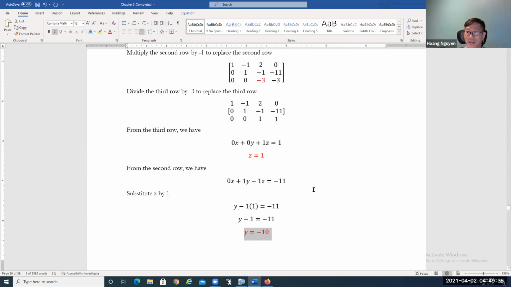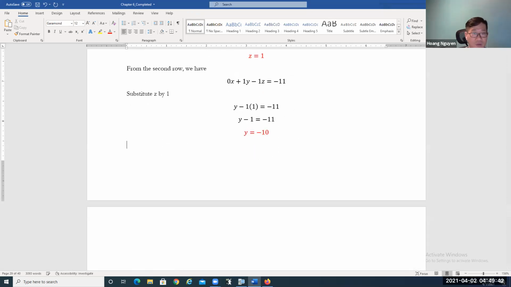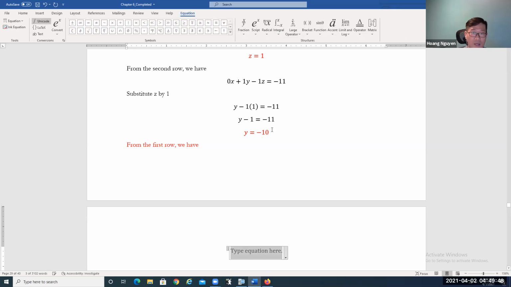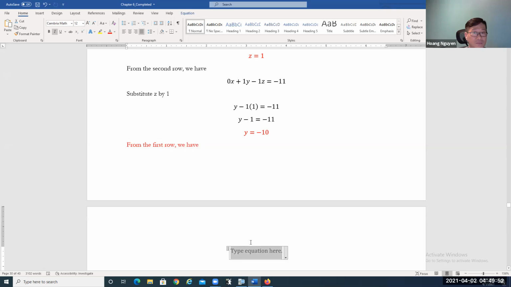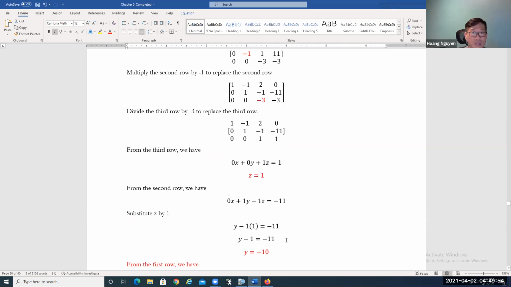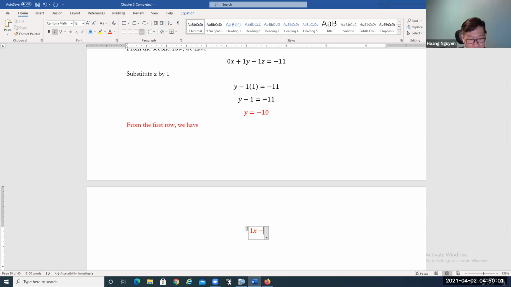Now we're ready to find the solution for x, so we're going to use the first row. The equation from the first row is 1x minus 1y plus 2z is equal to 0.